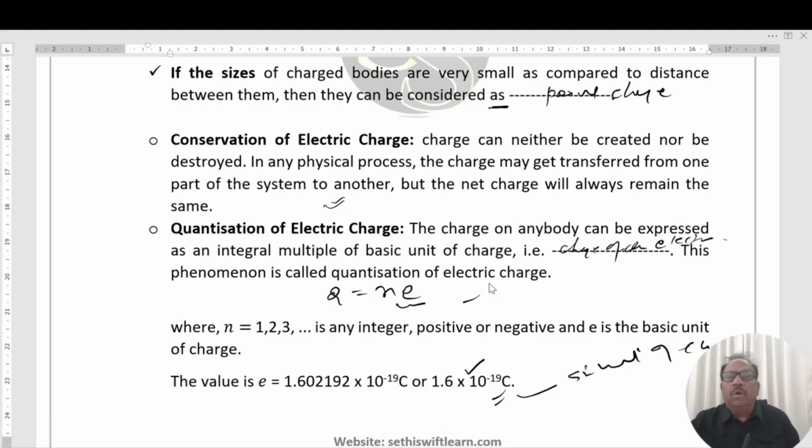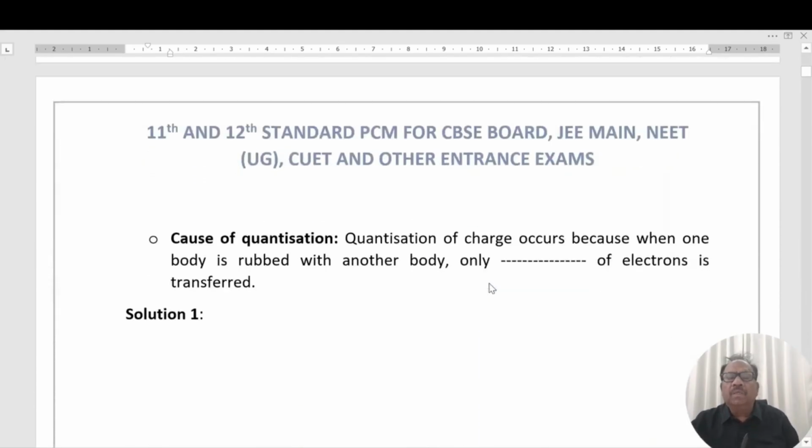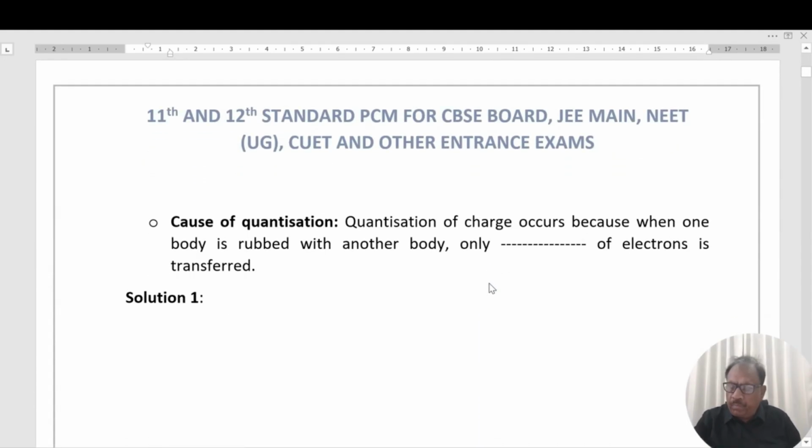Now, the cause of quantization. Quantization of charge occurs because when one body is rubbed with another body, only an integral number of electrons is transferred. That is the cause of quantization.